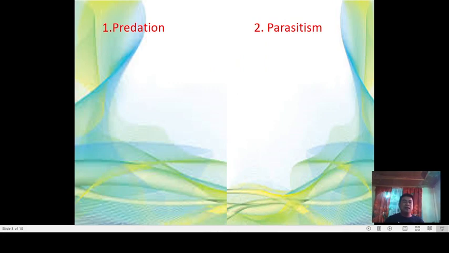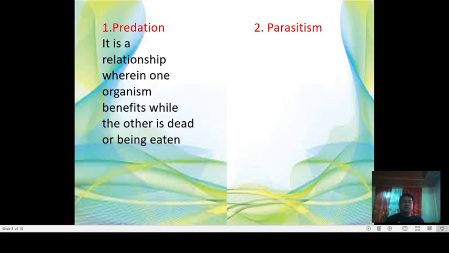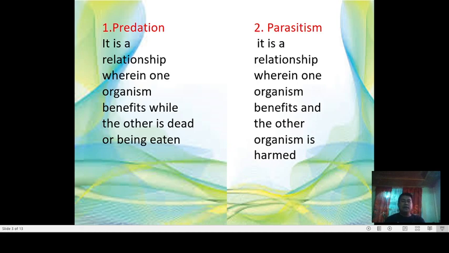First is the predation. What do you mean by predation? It is a relationship wherein one organism benefits while the other is dead or being eaten. How about parasitism? It is a relationship wherein one organism benefits and the other organism is harmed.